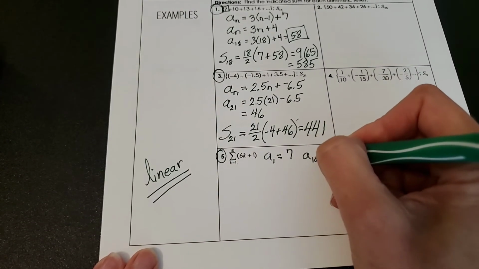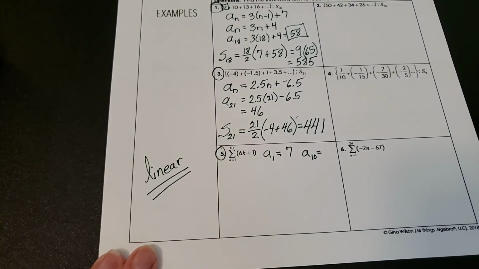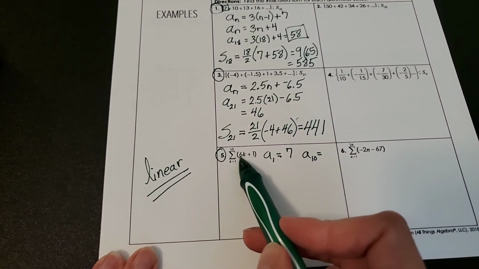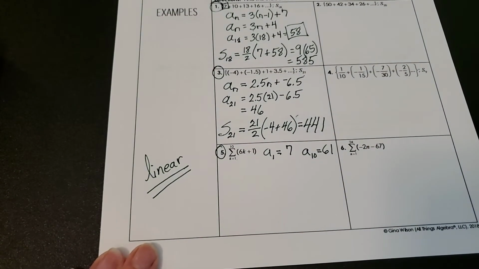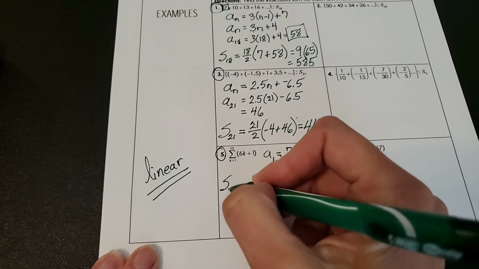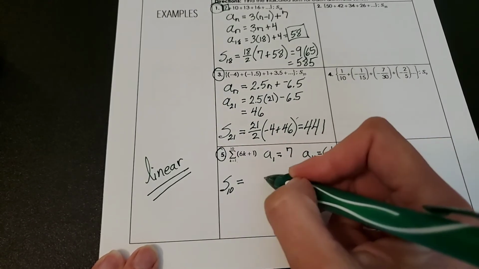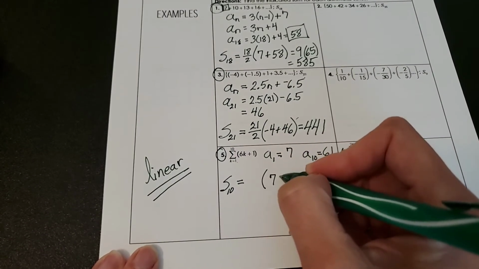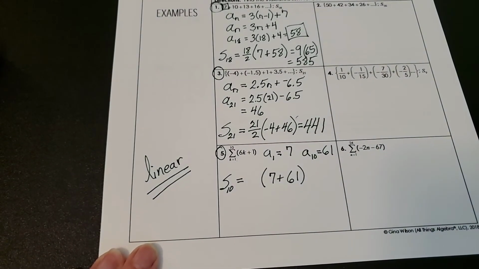And then I'm going to look for my last term, which would be the 10th term, that number up top. If I plug in 10 for k, I get 6 times 10 is 60 plus 1 is 61. So now I have my first term. In that series, the first term is 7 plus the last term, 61.